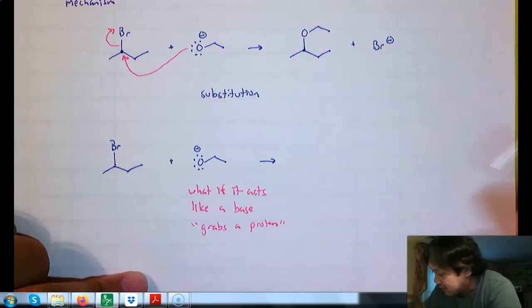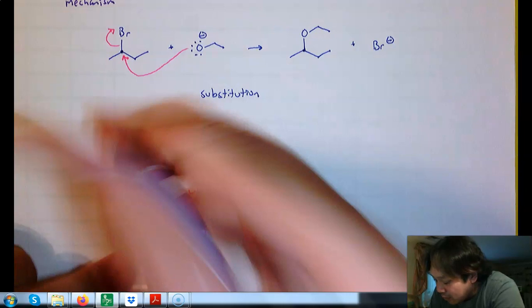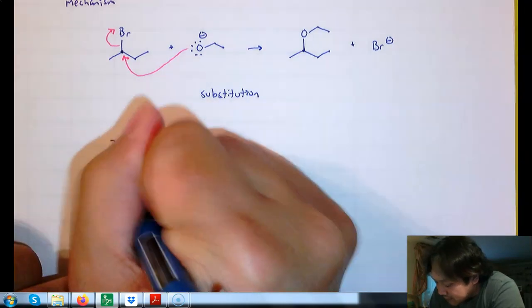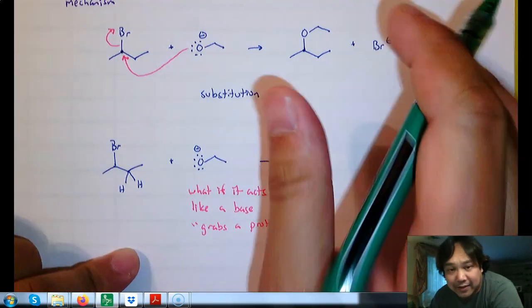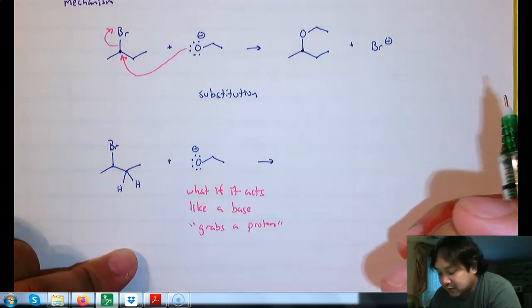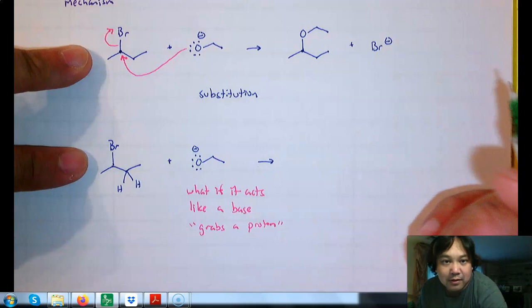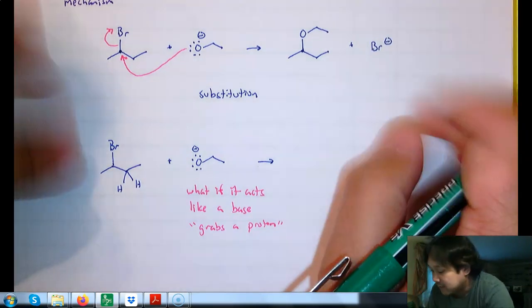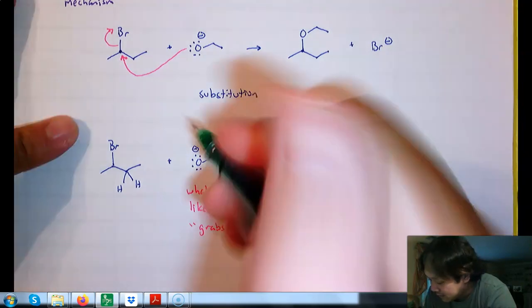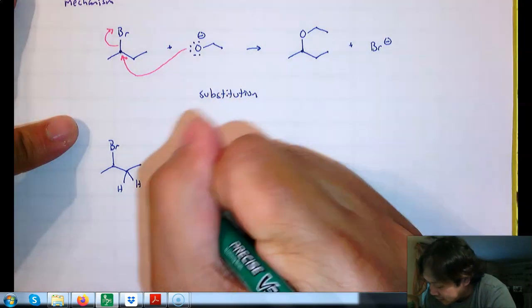Let me use green. We're going to go over this more specifically in Unit 8. I just want to introduce the idea that we have the same starting material, but we could have two different products.